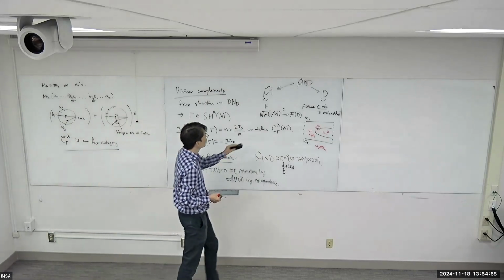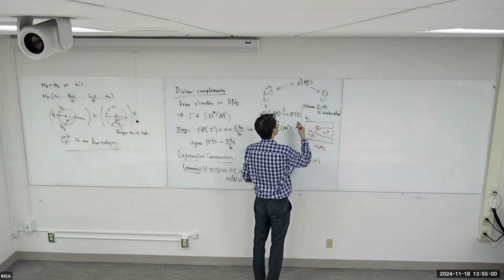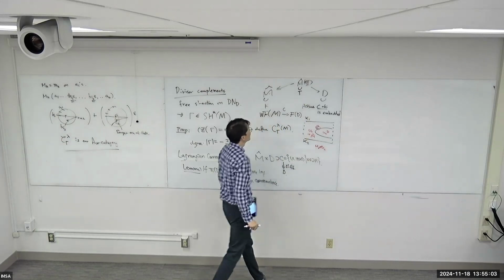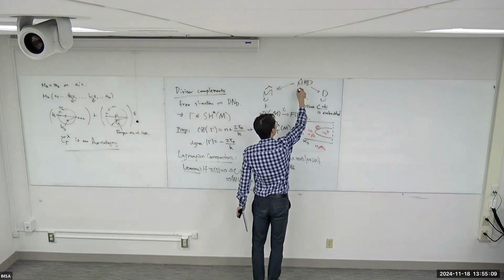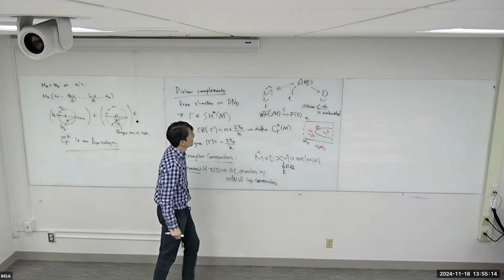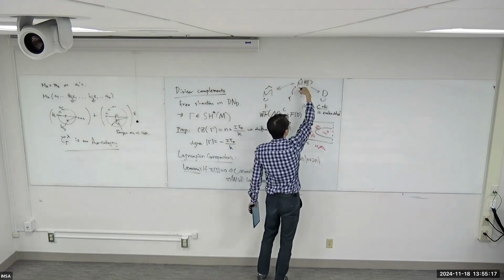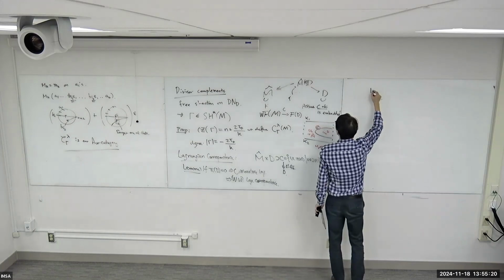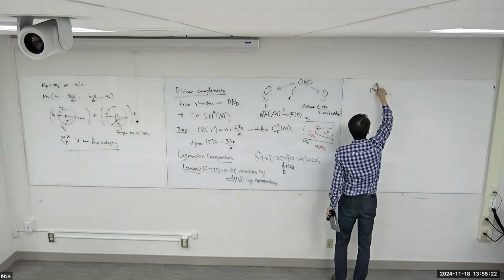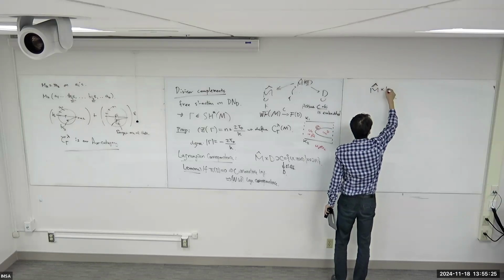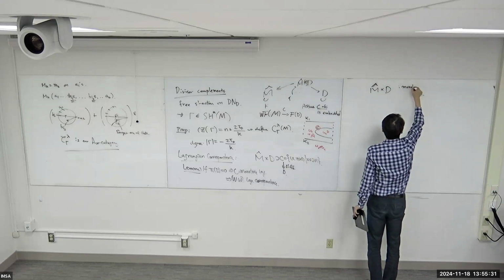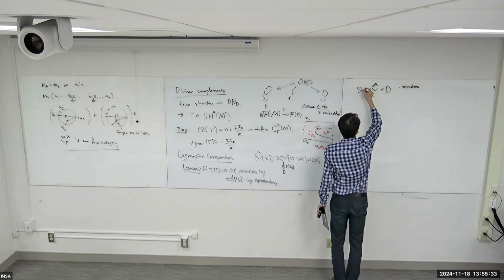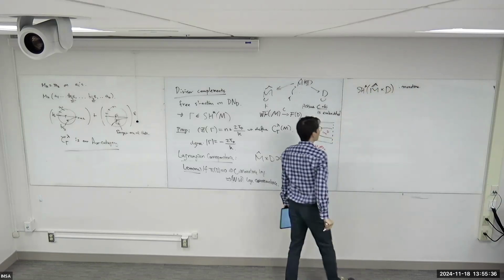So here we have a gamma, which is a symplectic homology class on M check, and we want to think of it as a symplectic homology class of the whole thing, the completion of M check with D. So this is exact, this is monotone, so you can think of it as monotone. And you can define the symplectic homology of this guy.